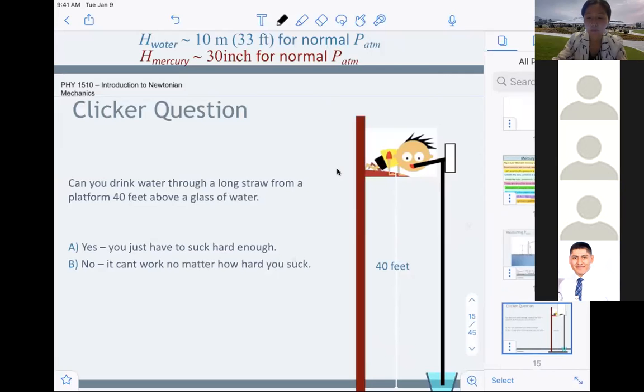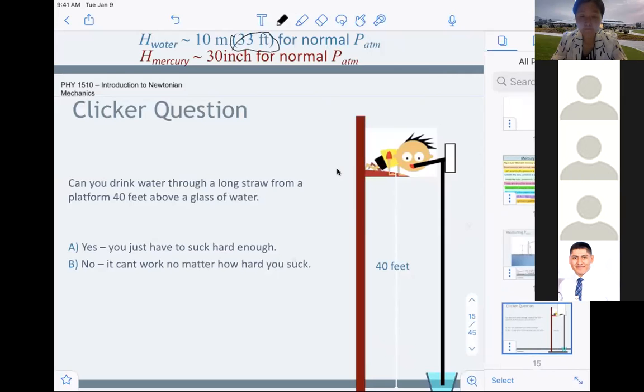Well, personally, I'm not 100% sure why, but I think you can't, because as we can see right now on the slide, the H2O water is 33 feet, and that's less than 40 feet. And from my understanding, it doesn't matter what the cross-sectional area of the straw or container is, all that matters is the height.